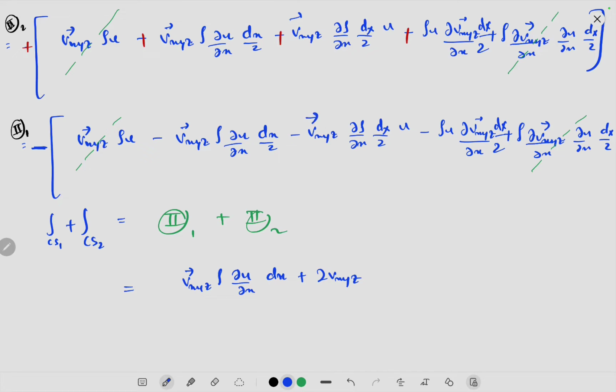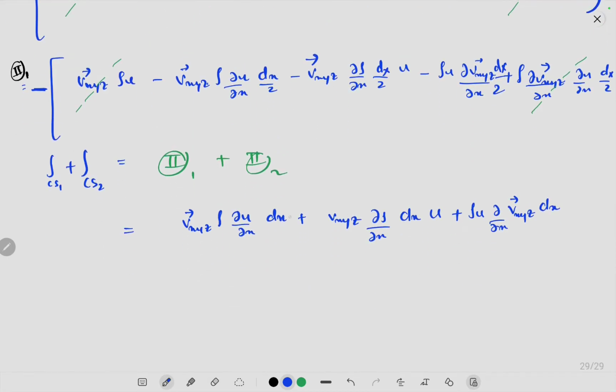This is still a vector equation. So 2 vxyz del rho by del x dx by 2 u, and again I can remove 2 from here. Similarly adding this and this will give me rho u del by del x vxyz dx. Since dx is common in all the 3 terms, I can take dx outside.